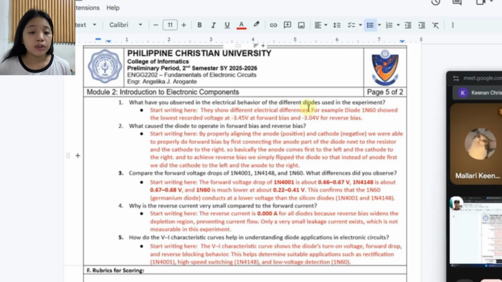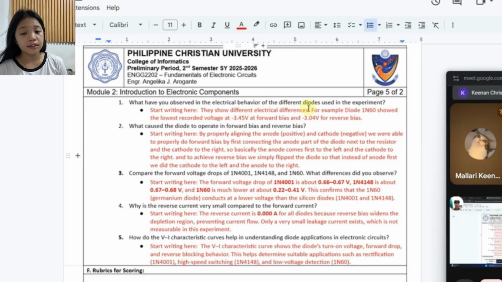When the anode is connected to the positive terminal of the power supply and the cathode to the negative, the diode operates in forward bias. In our setup, we placed the anode on the left side connected to the resistor, and the cathode on the right side. Because of that proper alignment, the current flows through the diode properly.